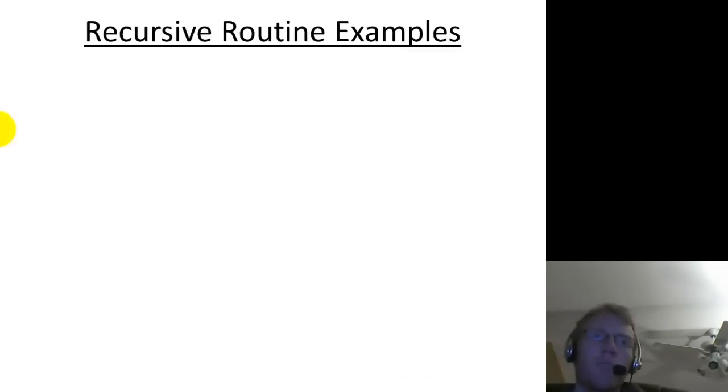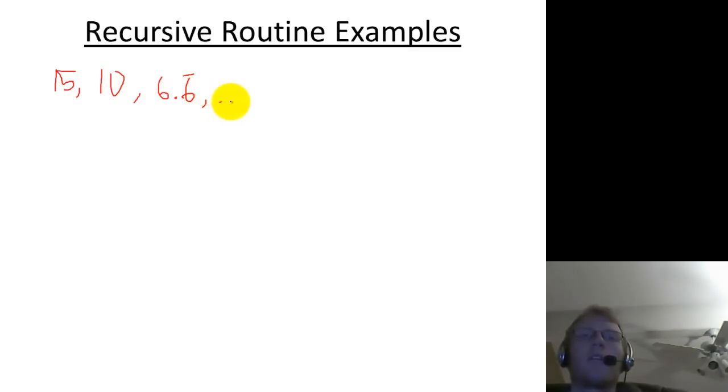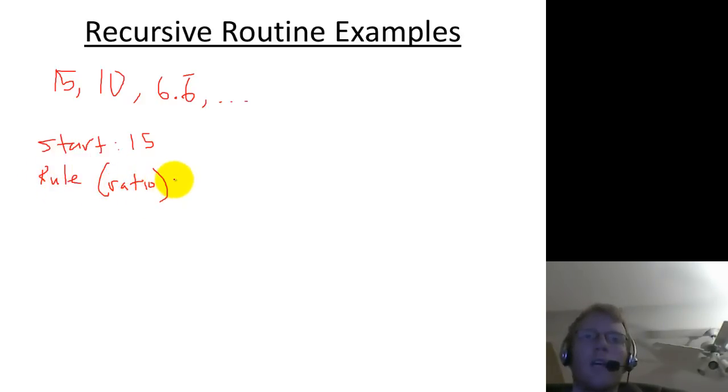Okay, here's some space for some more examples. Let's start with something a little bit more complex. Let's go 15, 10, 6.6 repeating, and so on. The starting value is very easy: start at 15. Then your rule, which is also called the ratio.